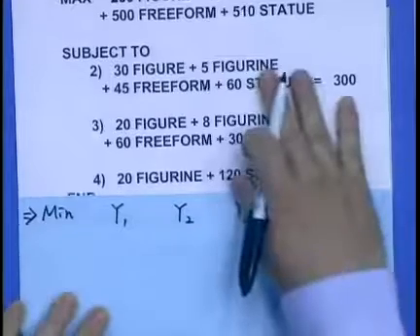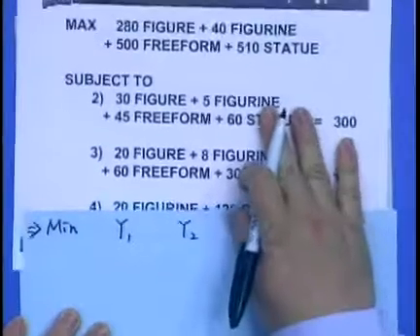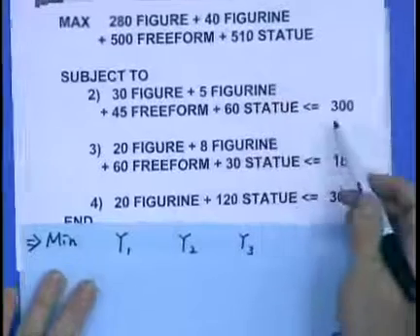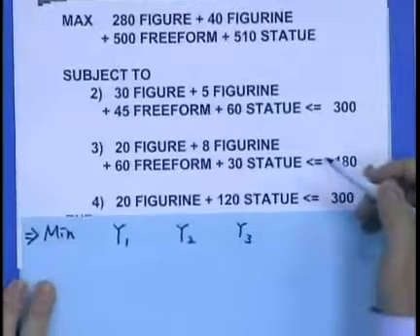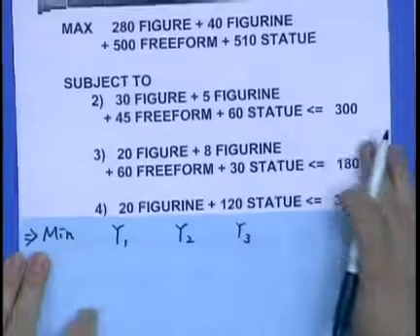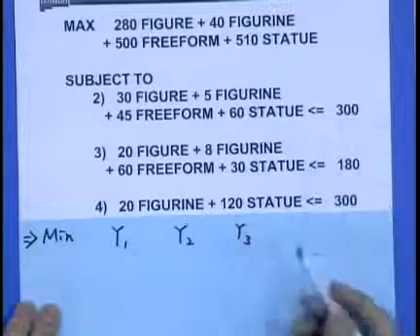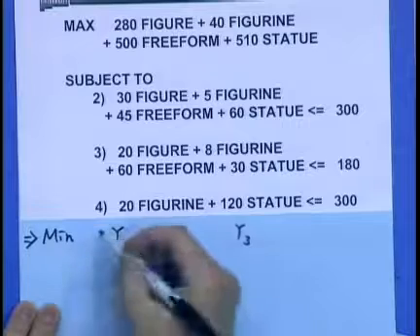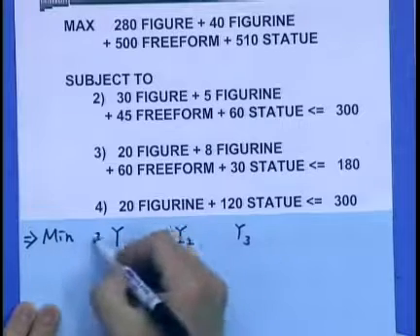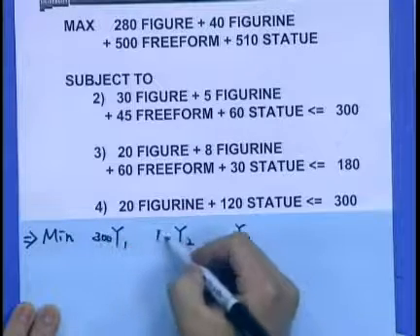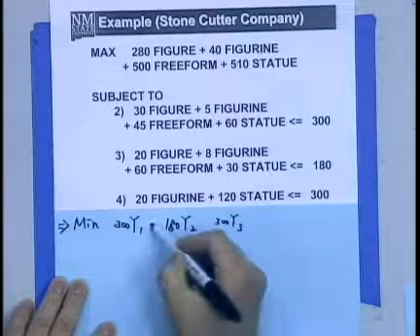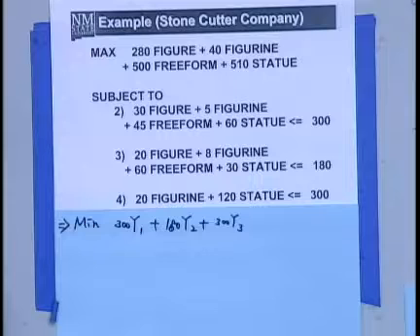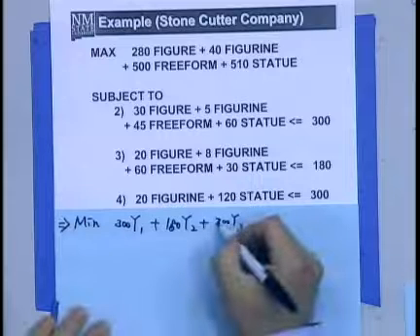Because in the primal problem the right-hand side values are 300, 180, and 300, the transpose of this vector becomes the objective coefficients in the dual problem, right? So it's 300, 180, and 300.